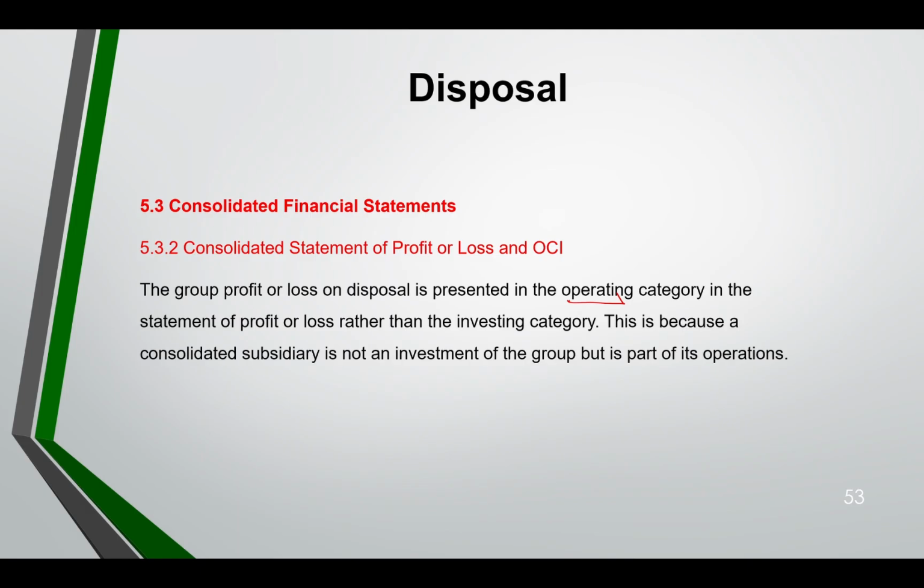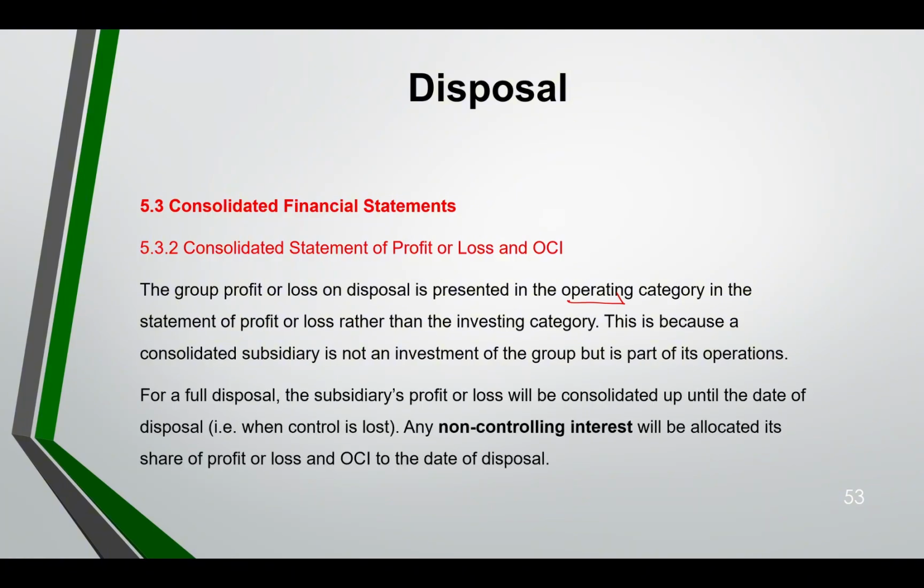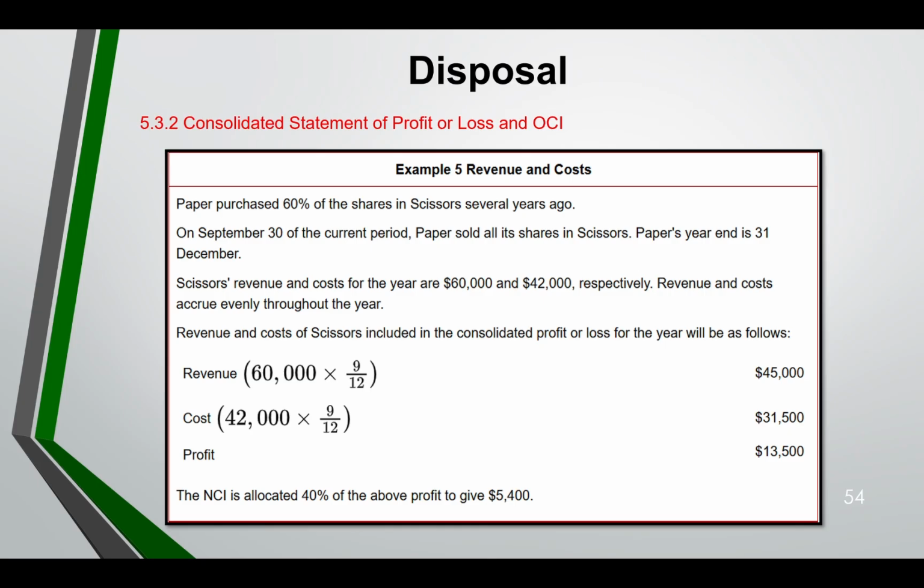Why? Because the consolidated subsidiary is not an investment of the group, rather it's a part of operations. And when you're disposing fully, the subsidiary's profit and loss will be consolidated up to the date of disposal, and any NCI will be allocated their share of profit and loss to the date of disposal.